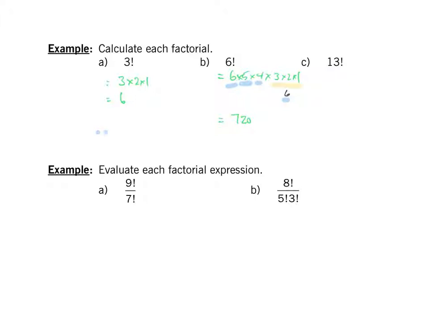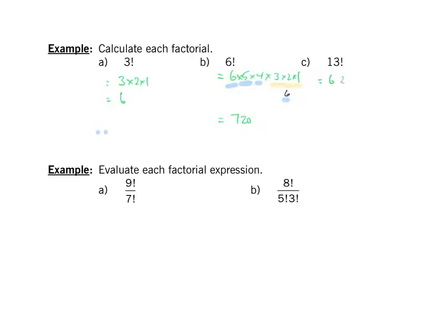Now 13 factorial is something that you are probably going to need to use a calculator in order to figure out. So your calculator has an X factorial button. If you're using one of my classroom calculators, it's Shift 3. You're not going to want to do this one by hand, because even though 13 is not that far away from 6, 13 factorial is a huge number.